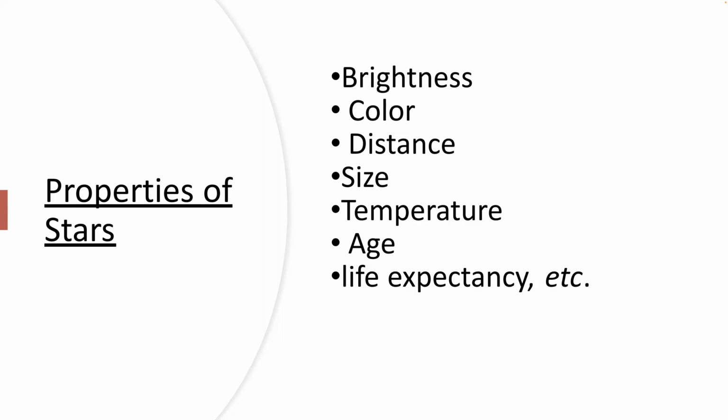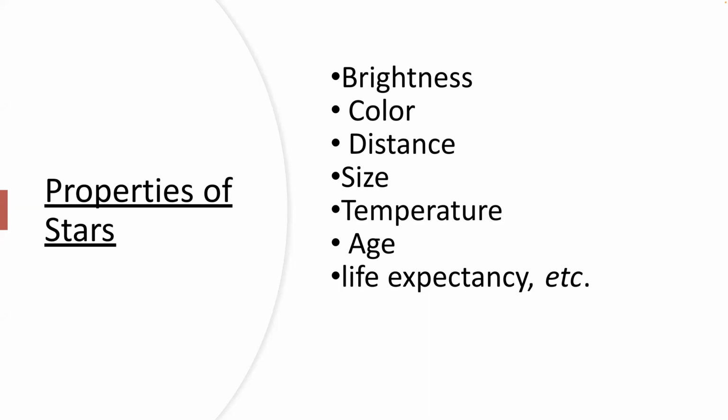Some have a yellowish color, and some of these stars have a color that looks a little bit towards the red color, those kind of colors, right? And apart from that, in astronomy, there is a different way of defining a color, right? So I will show that to you during this lecture, how to define the color of a star.